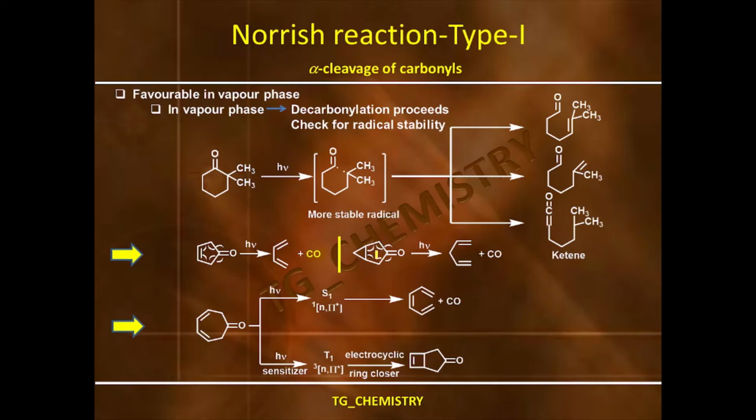In another one, when the five-membered cyclic ketone is fused with a cyclopropane ring, direct photoirradiation can lead to a di-pi-methane system, and again the decarbonylation process is occurring here. So this is a common phenomenon for the Norrish type 1 reaction, that decarbonylation takes place.